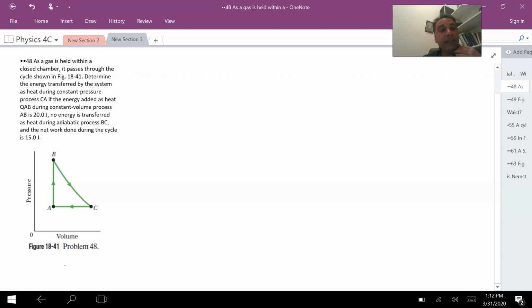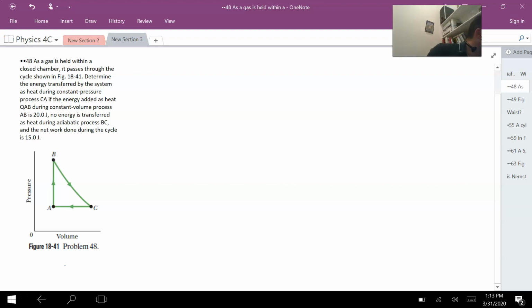Determine the energy transferred by the system as heat during constant pressure process CA, if the energy added as heat in the path of AB during constant volume process AB is 20 joules.